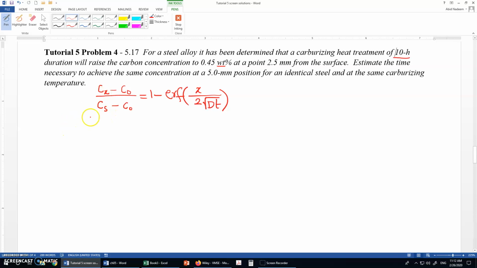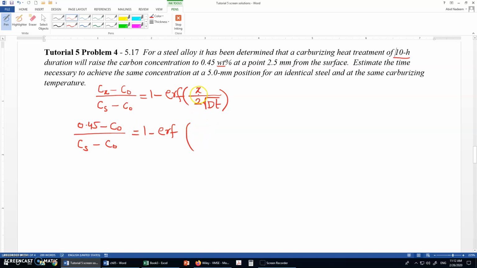So Cx will be 0.45, C naught we don't know, and similarly Cs we don't know, is equal to 1 minus ERF.